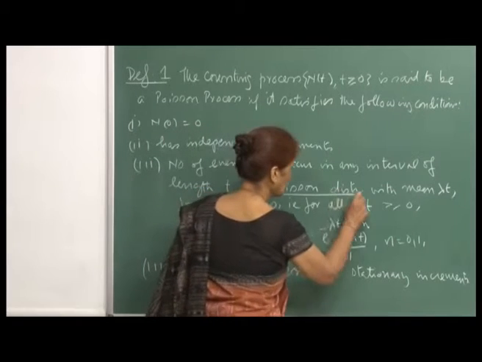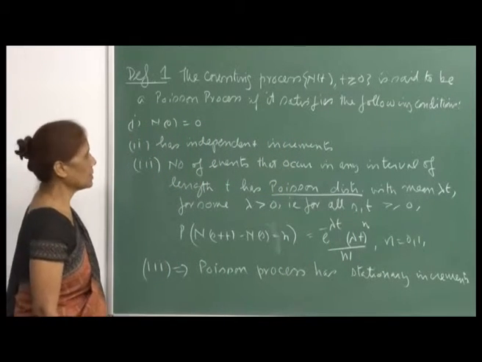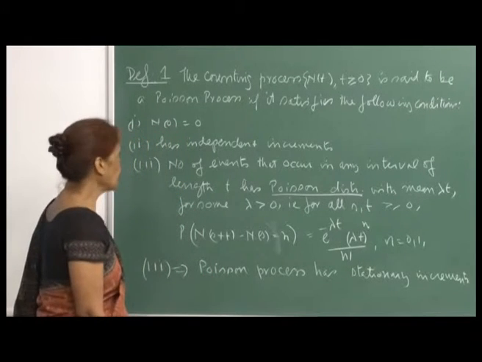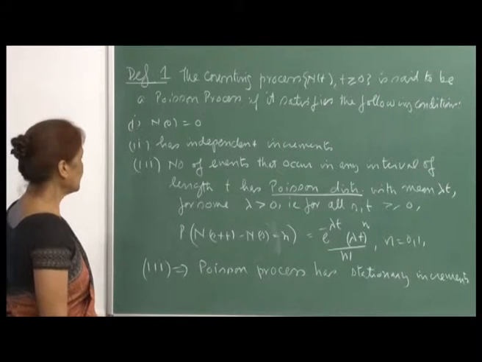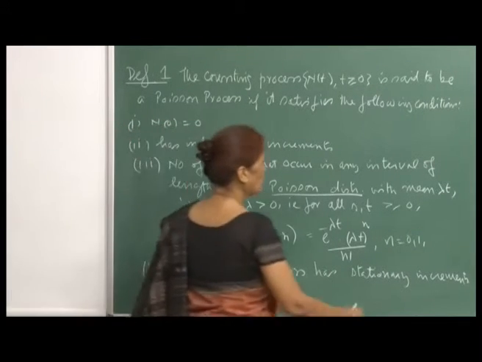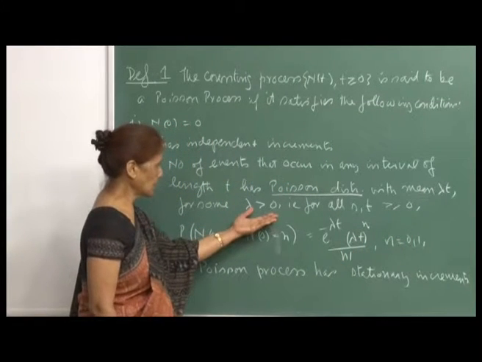See, this is the thing. So, we are saying that the counting process will be a Poisson process if the number of events that occur in any interval of length t has a Poisson distribution with mean lambda t, where lambda is some positive constant.